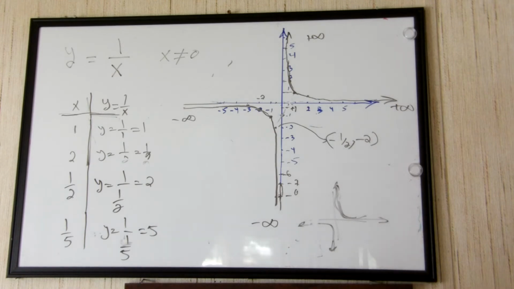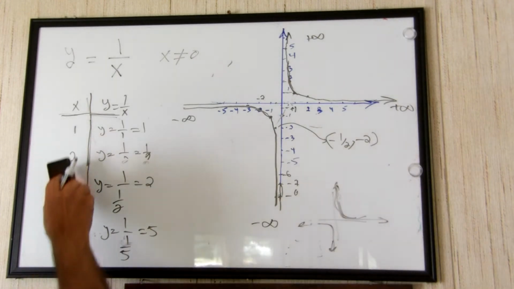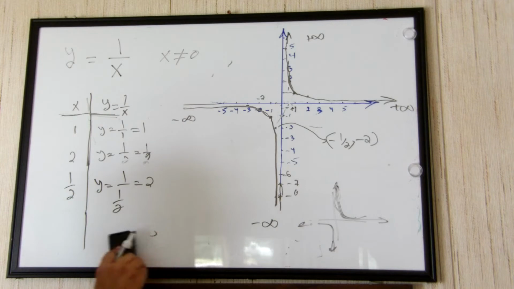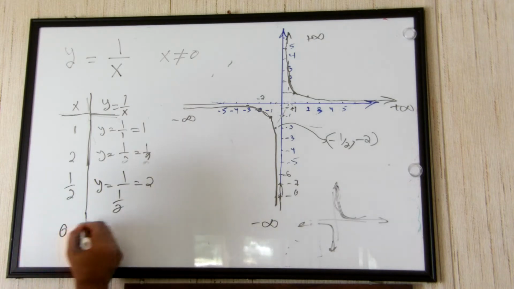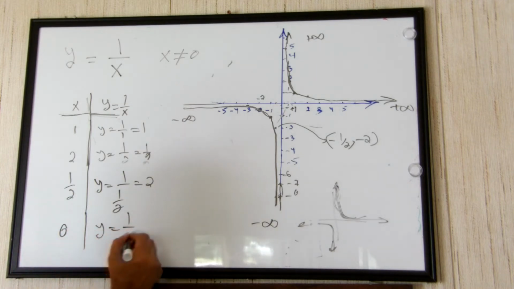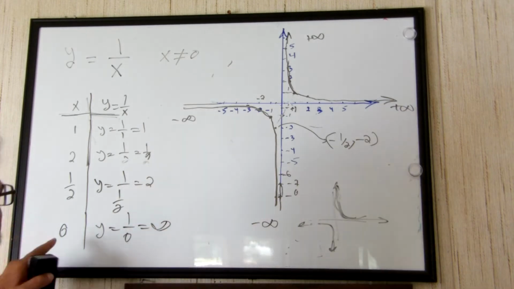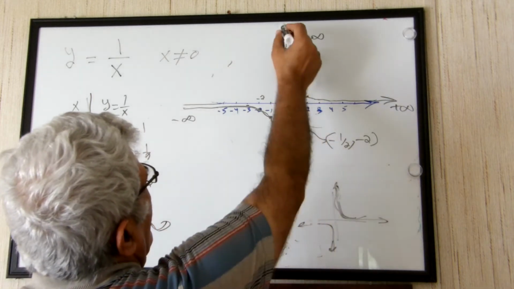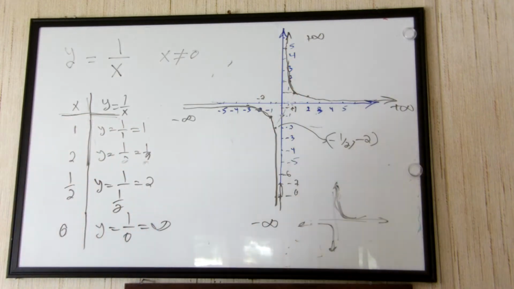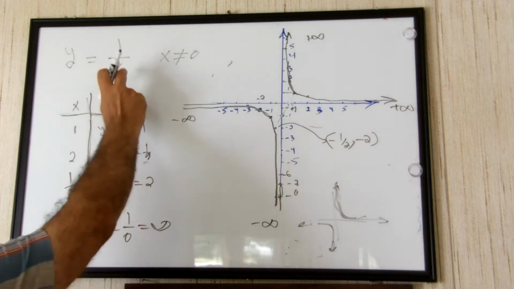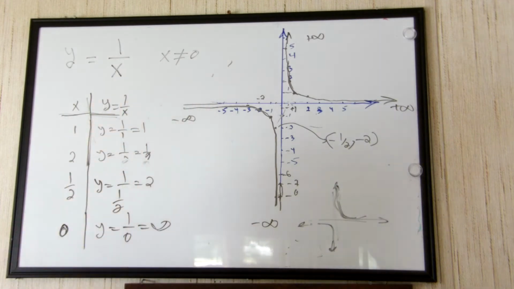But the thing is, what about if you give 0? If you give x 0, y is equal to 1 over 0, going to be what? Infinity. So what it means is, if x is 0, then y is going to be infinity. So we can't make the denominator 0.